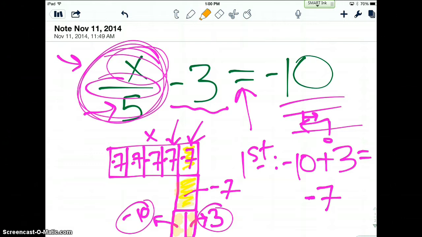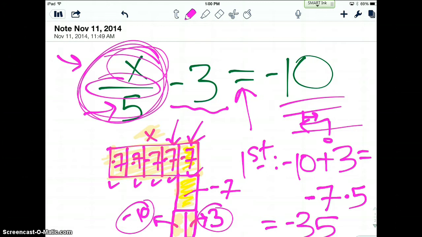So if I'm trying to figure out what X is worth, X was this whole thing, so what would I do with negative 7? You could either add it 5 times, or I just take negative 7 times 5. And I end up with negative 35 for my X value.